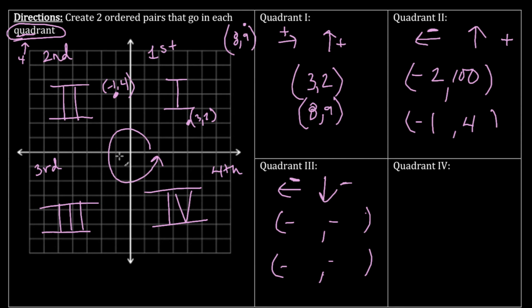So negative 5, negative 5, 1, 2, 3, 4, 5. Negative 5, negative 5. And then another weird one: negative 50, and then negative 2.